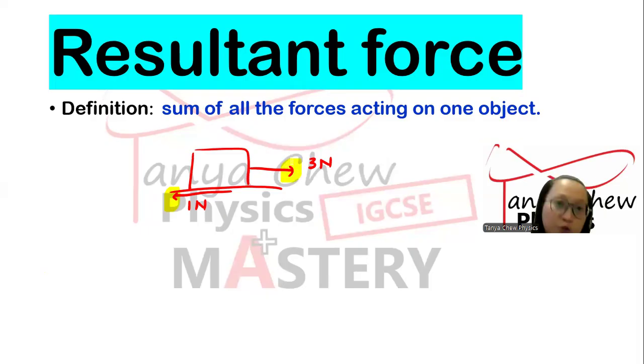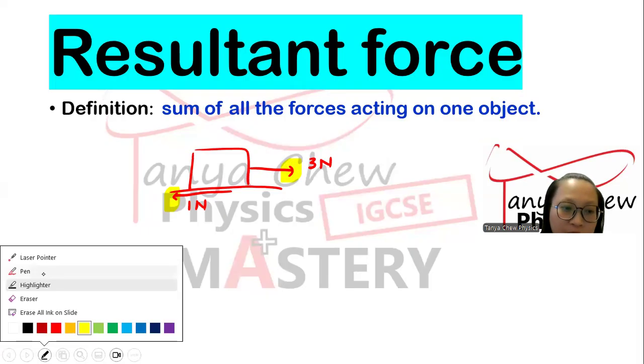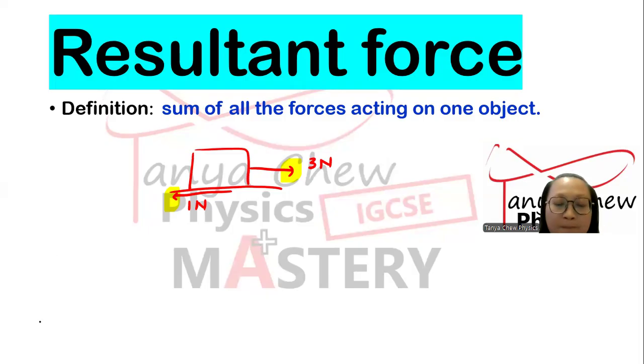If you consider forward as the positive direction, then backward will be negative. The symbol of resultant force is Fr. So 3 plus negative 1, you get 2 Newton. That is how we find our resultant force.